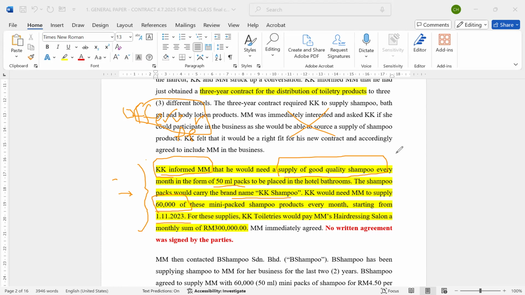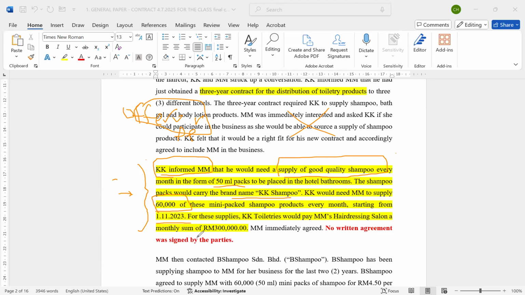So you can see now who is offering whom. I would personally comment that KK offers or proposes to MM to enter into an agreement. Subsequently, I'll tell during my answer sharing session.